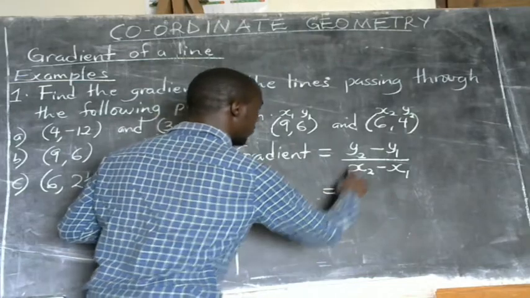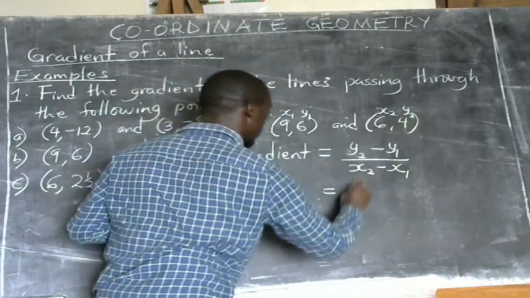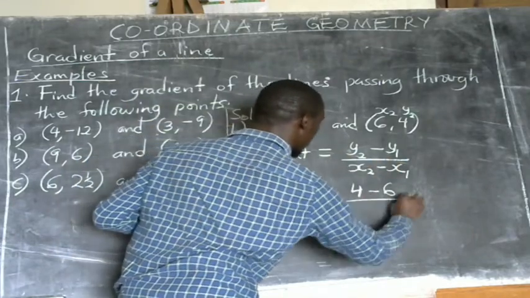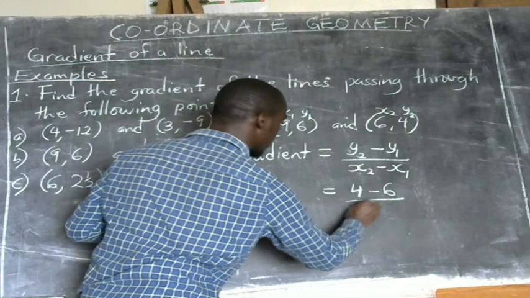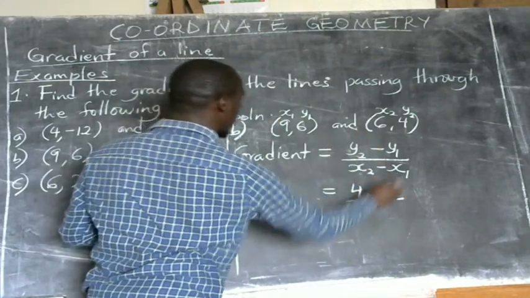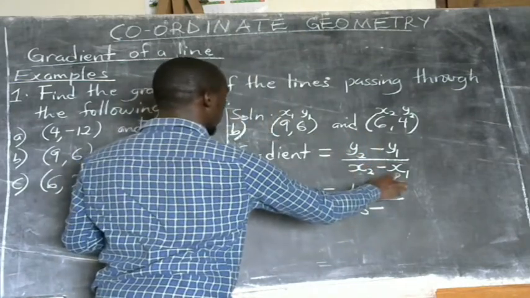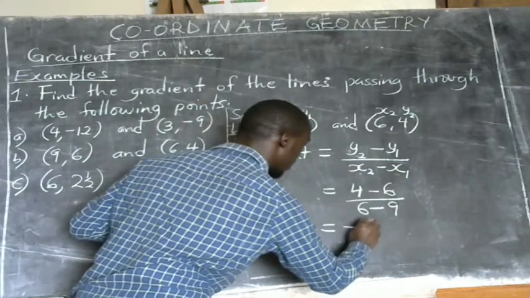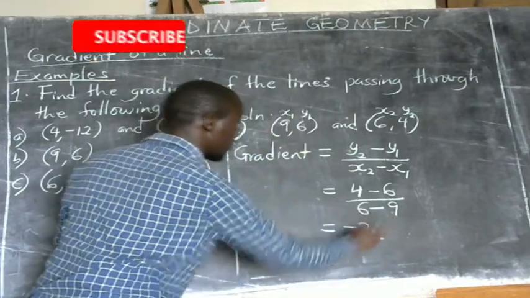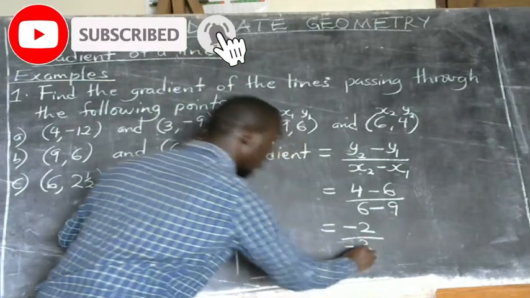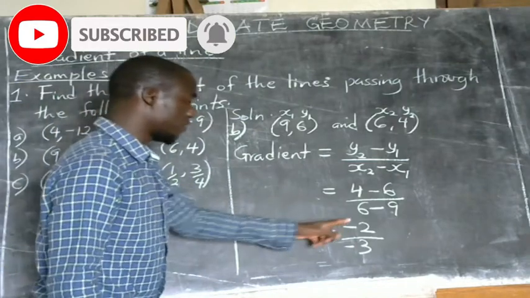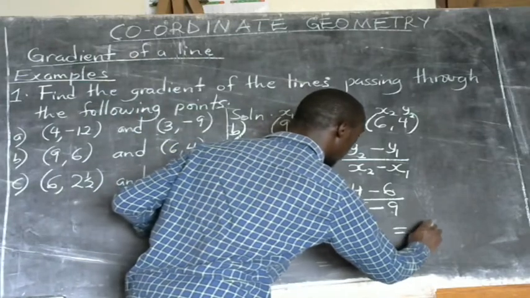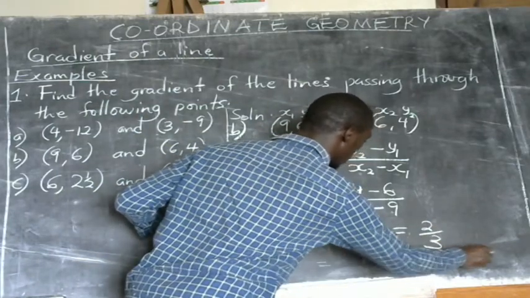So when I substitute, y2 is 4 minus y1, which is 6, divided by x2, which is 6, then minus x1, which is 9. So in the numerator, I have negative 2, and in the denominator, I have negative 3. Negative divided by negative gives a positive. Therefore, the gradient is 2 over 3.